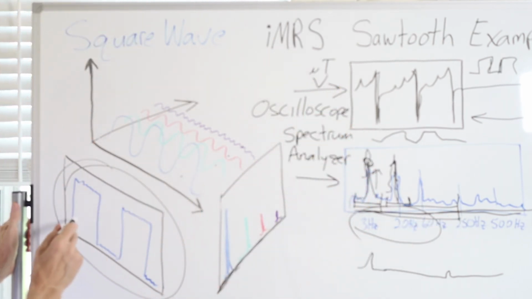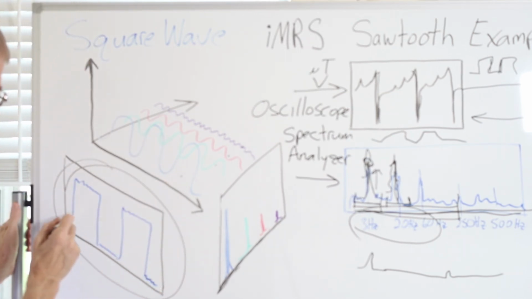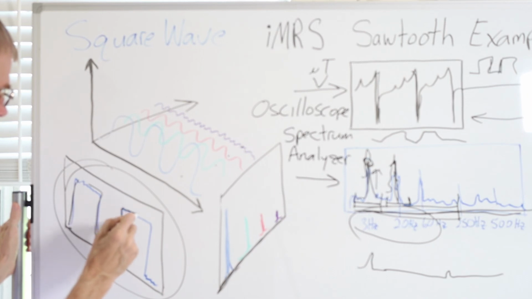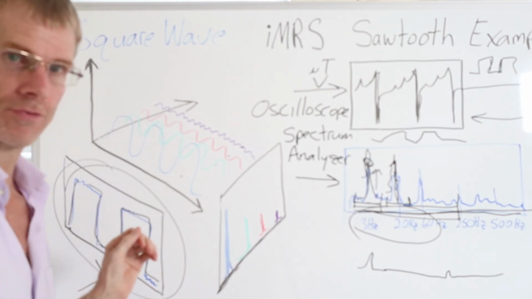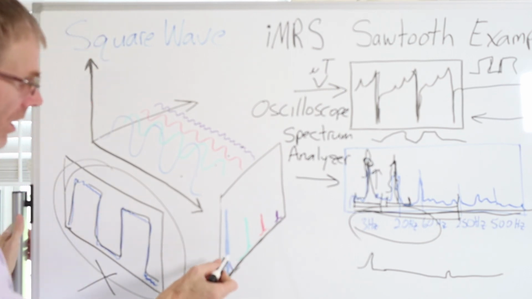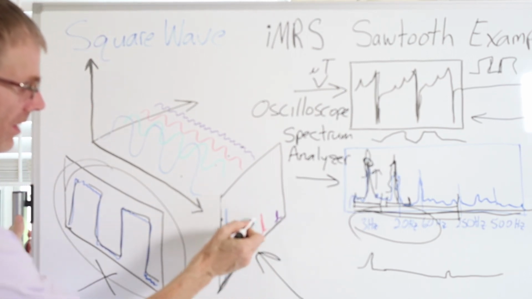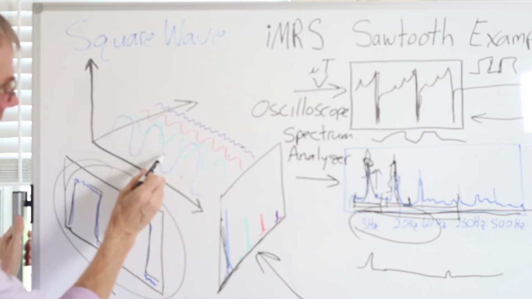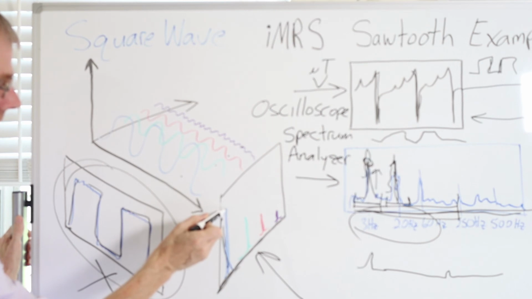But you can see, for example, that these are going to be odd integers for a square wave, that on the oscilloscope you can see the rapid rise and fall nature of the square wave, but we don't want to use the oscilloscope to measure frequency. Now, on a spectrum analyzer, this is a spectrum analyzer. A spectrum analyzer will show you the peak in the frequency. So you can see here, this is the largest amplitude, and that's why it's a larger peak.